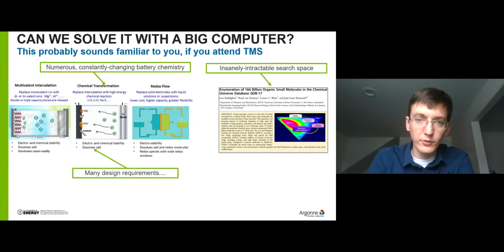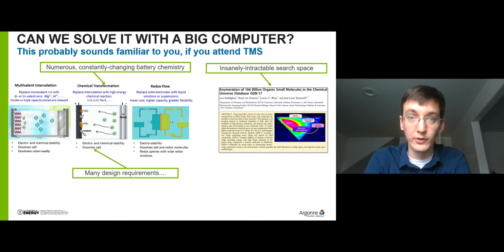And here, this particular problem sounds a lot like many of the other materials design challenges you are likely going to hear about in this symposium or are already familiar with through your own work. Redox flow batteries are a challenge to design because the targets that we're developing them for are gradually being refined.